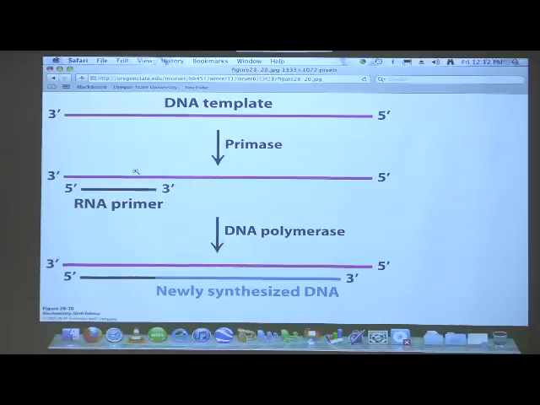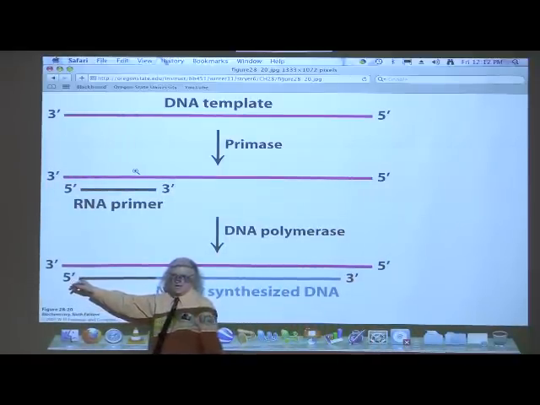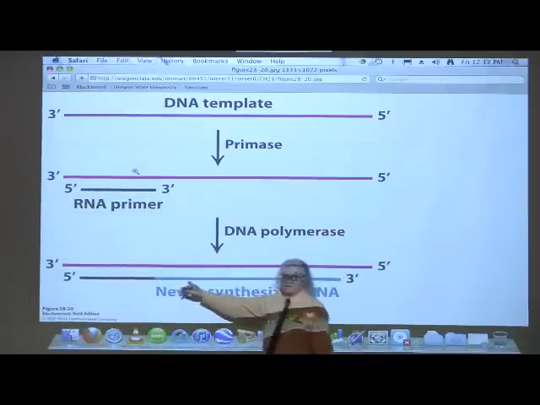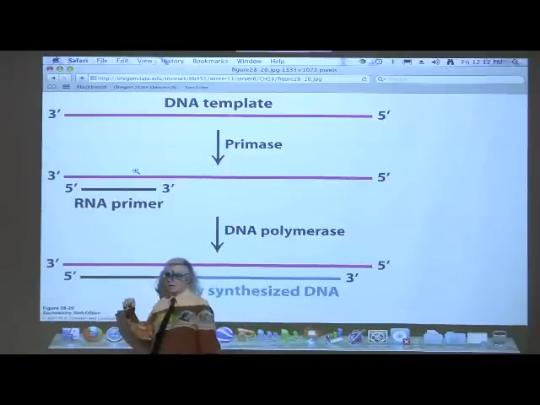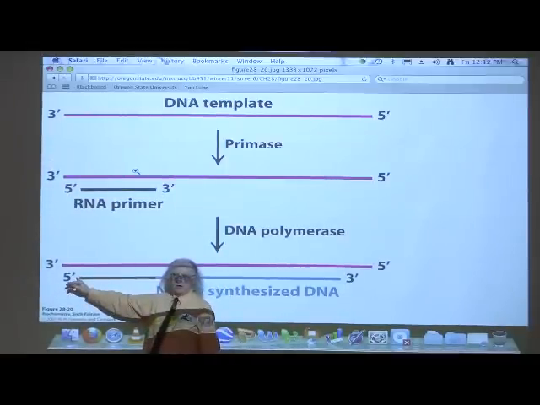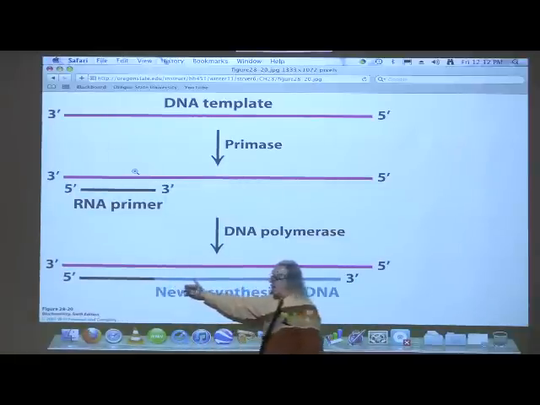So there's a term for you. An exonuclease is an enzyme that starts at the end of a DNA strand, and it chews away nucleotides. So this guy is a 5' to 3' exonuclease. Notice it starts at the 5' end of this guy here, and it starts chewing away the RNA.